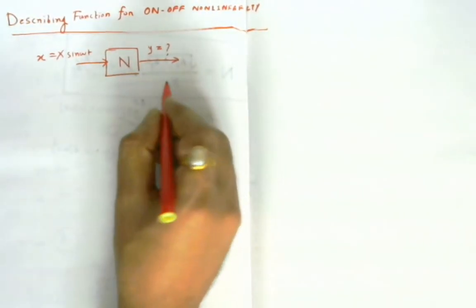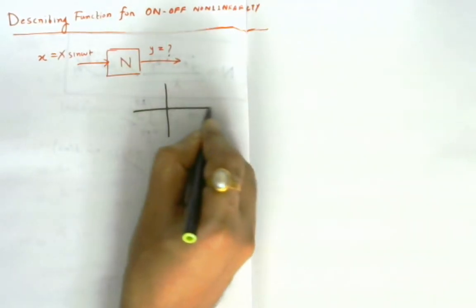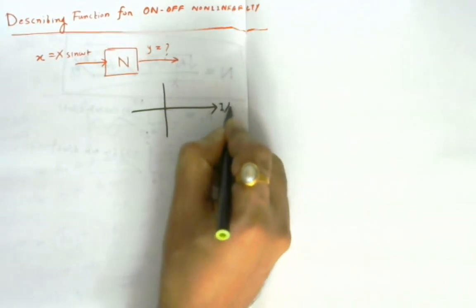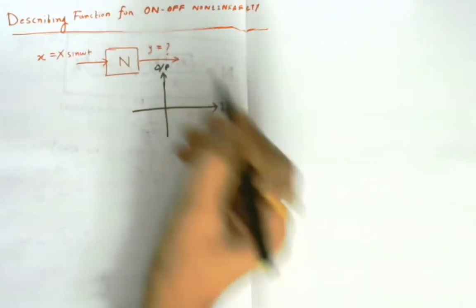Always remember. So first of all, let me draw the characteristics of the on-off nonlinearity. The x-axis is input and the y-axis is output.